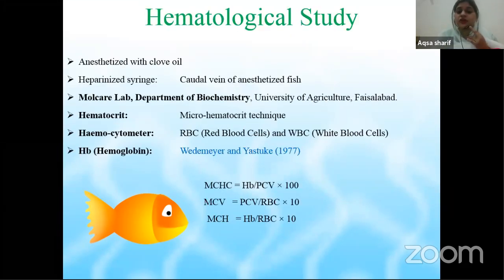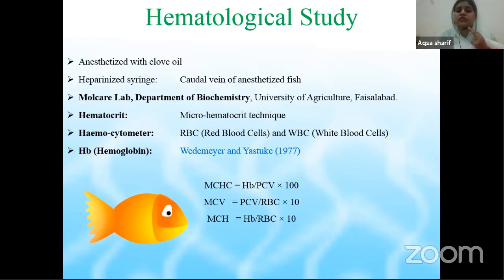And the hematological study. To study the hematology, the fish were anesthetized with clove oil, and then a heparinized syringe was injected into the caudal vein of the anesthetized fish to collect the blood.